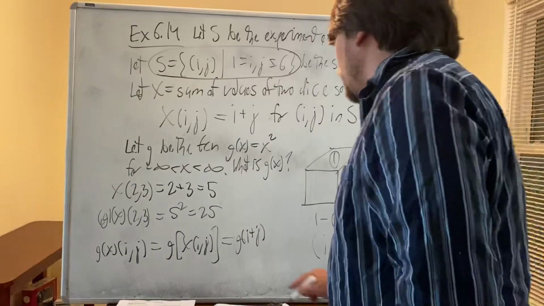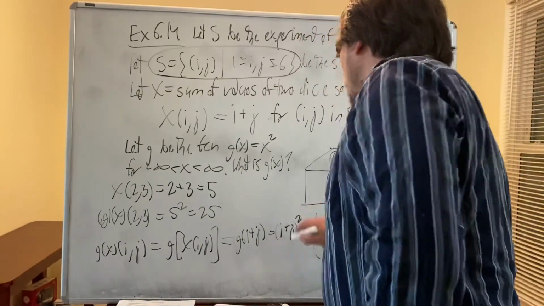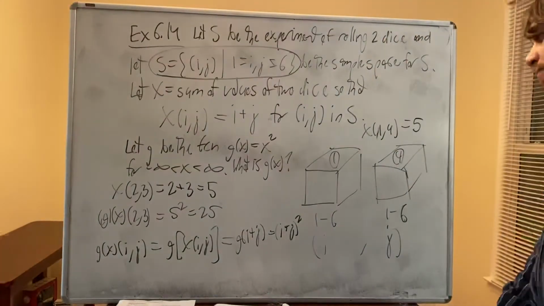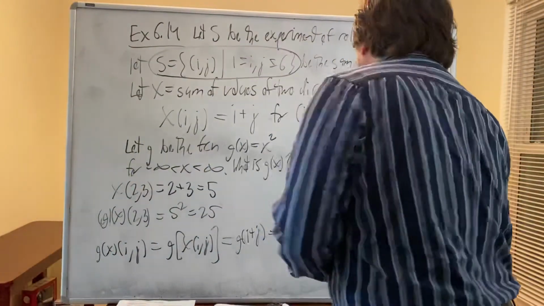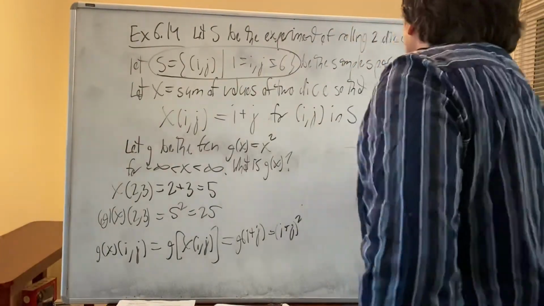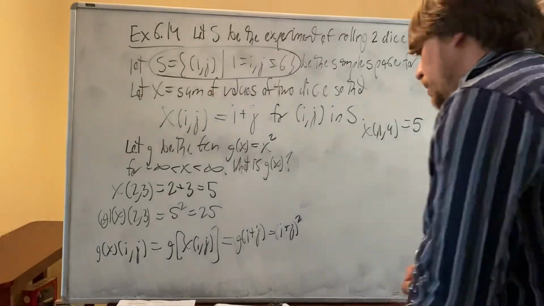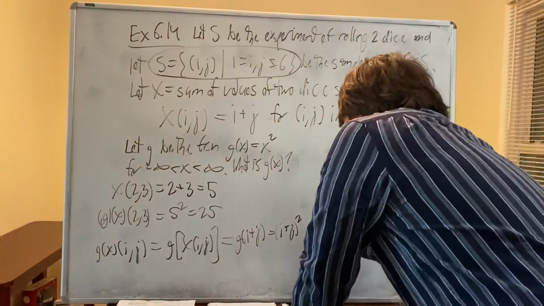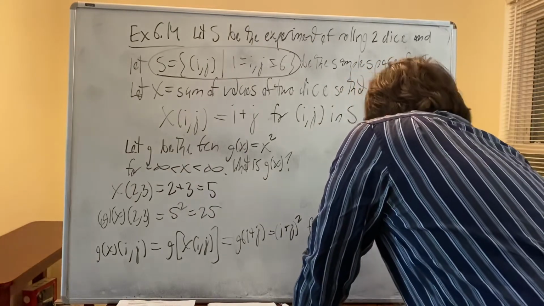And g of i plus j is just taking the sum i plus j and squaring it. And this is for any i comma j in the sample space capital S.